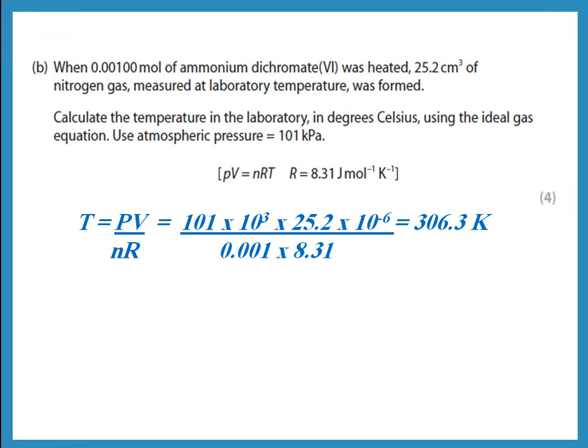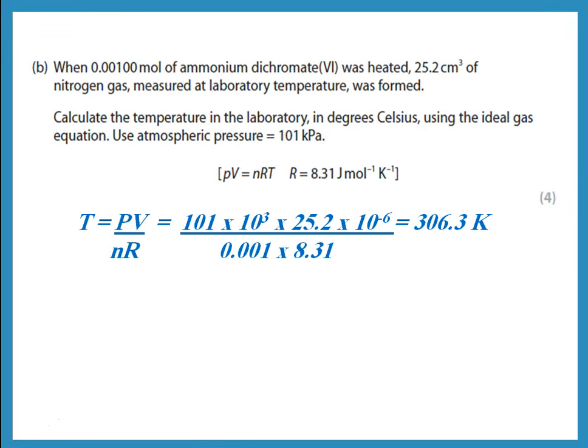Then we want to multiply it by volume. What is the volume that we have? The volume that we have is 25.2, but that is in centimeter cubed. Remember, for this equation, you have to convert it to meter cubed. So you multiply by 10 to the minus 6, or you divide by 10 to the 6. Now, over the number of moles, which is 0.001, times the R, which is 8.31.